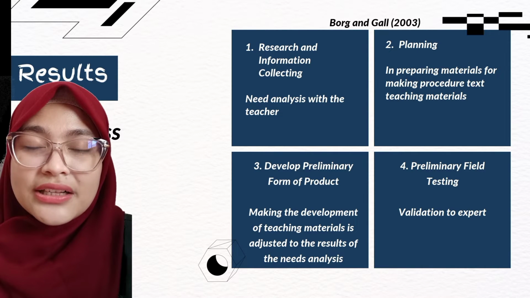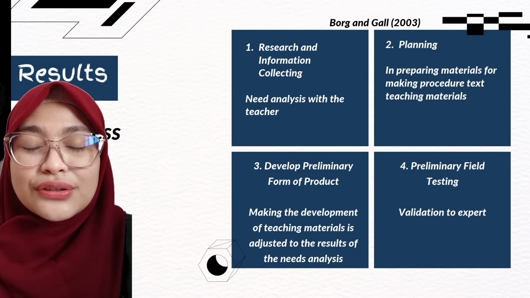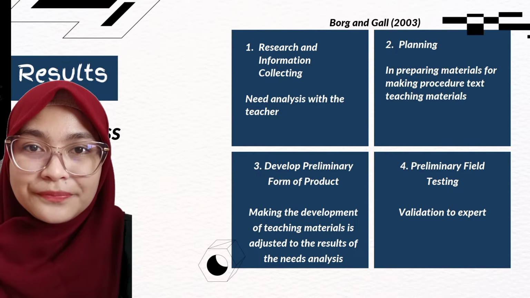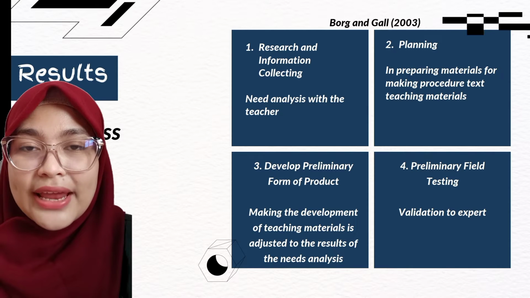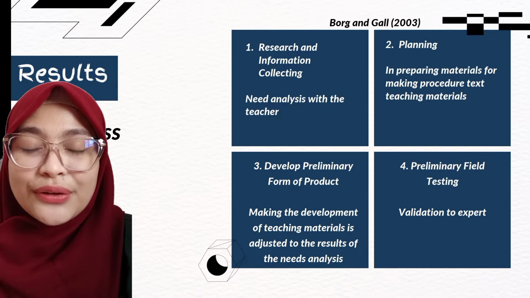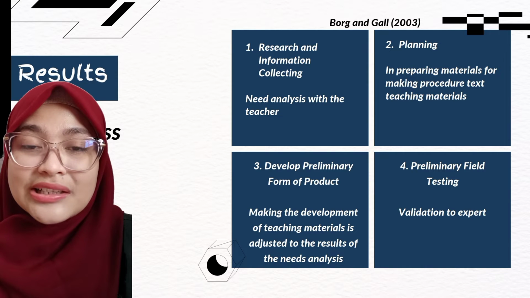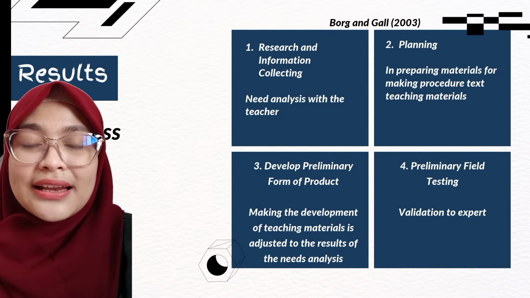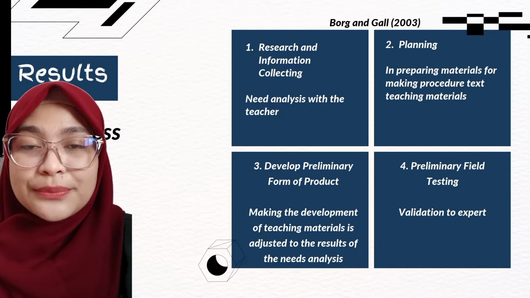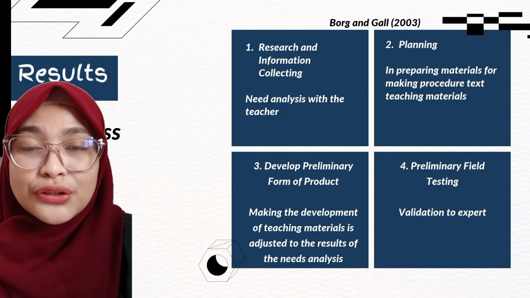These are the results of the process of developing procedure text materials according to Borg and Gall 2003. 1. Research and information collecting: need analysis with the teacher, including the curriculum and teaching material that the teacher uses in the school. Based on the necessities, likes, and wants, the results concern the display and colors of teaching materials. 2.